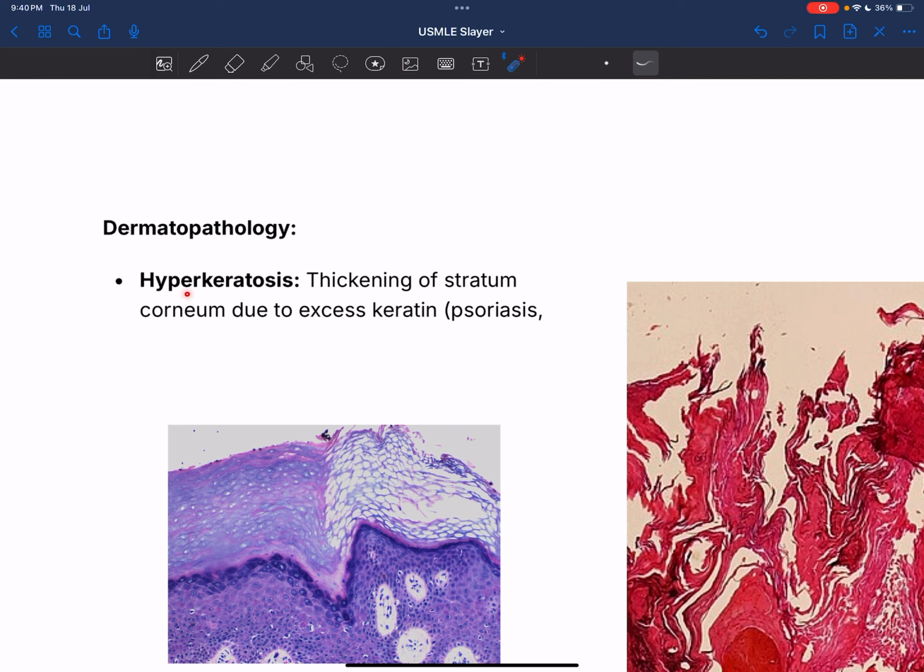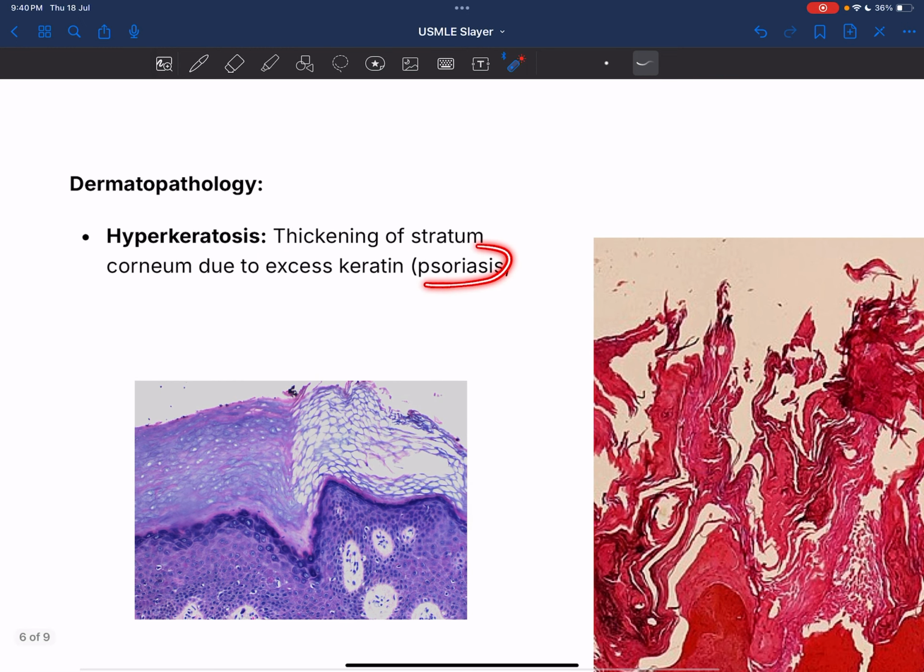We have hyperkeratosis, starting from the first epidermal layer. Hyperkeratosis is the thickening of the very superficial epidermal layer, the stratum corneum. And why is that? That is basically due to excess keratin.